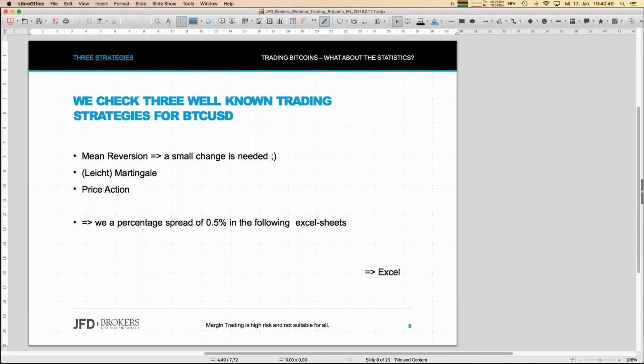That means we simply have to reverse our mean reversion strategy in a way that when it comes to a huge deviation from the mean, from the EMA, and that deviation, for example, is to the north, then we open a long trade and not a short trade, which has been the original idea. So that's the mean reversion. Then we have something which is slightly martingale, and once again, we have a German word here.